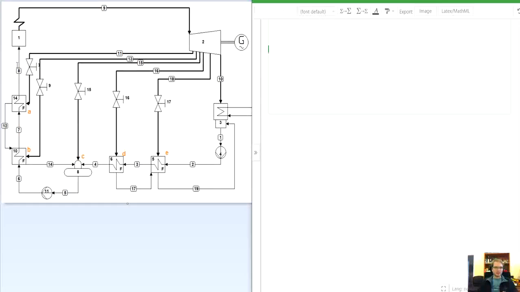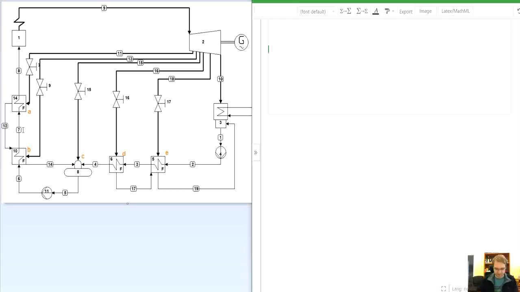Okay, now we need to figure out the mass flows at different nodes of our cycle. So we will again take a reference at point number 8, which will be mass flow rate of 1. And for the first feedwater heater, denoted here by lowercase a, we will have the following energy equation. The input of the feedwater heater is node number 7 and node 11 of feedwater side.